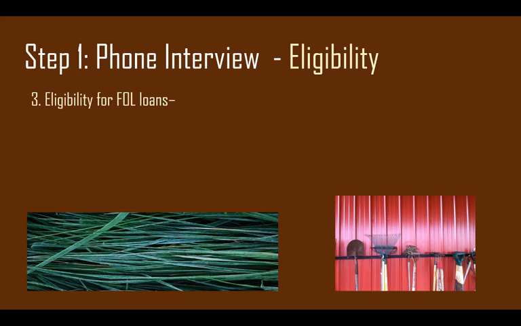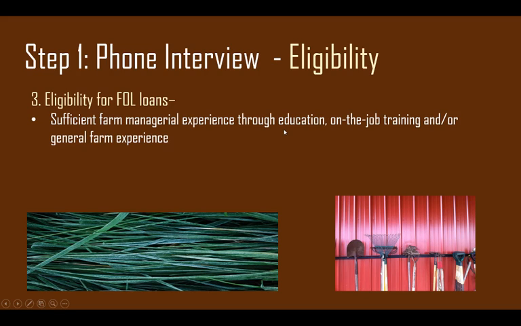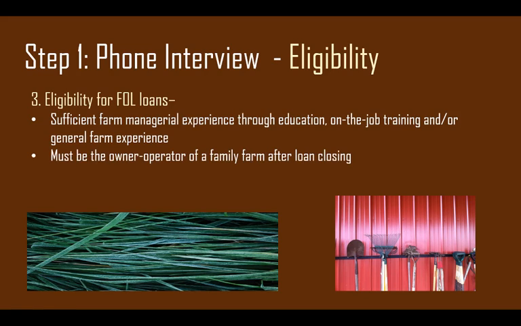Okay, and along with that, there are certain requirements for the different kinds of loans that you're looking for. So eligibility for an FOL or a farm ownership loan requires sufficient farm managerial experience. And this can be through education, on-the-job training, and or general farm experience. And you must be the owner-operator of a family farm after the loan closing.